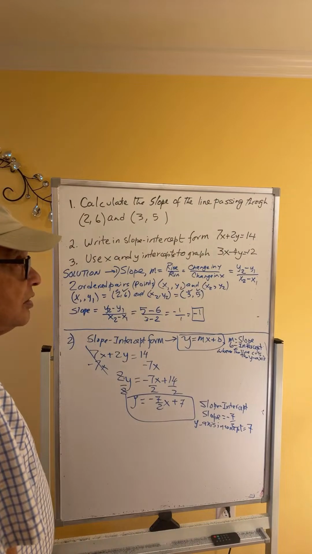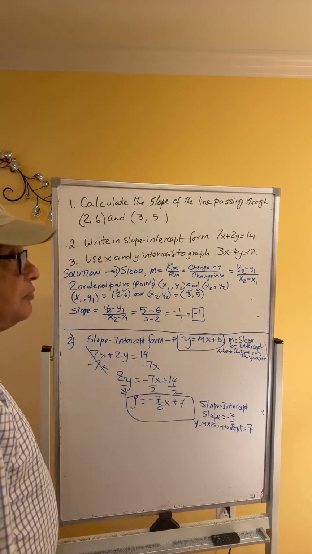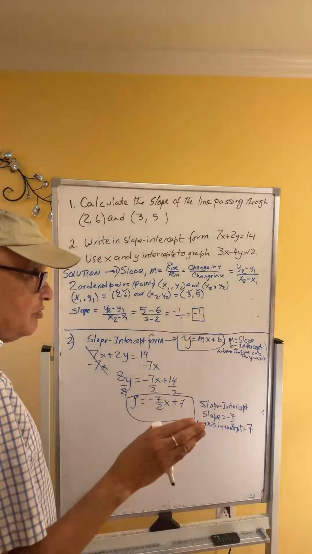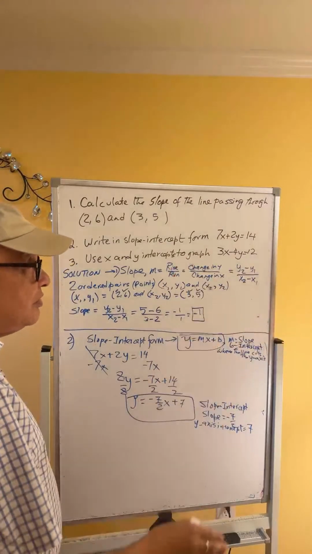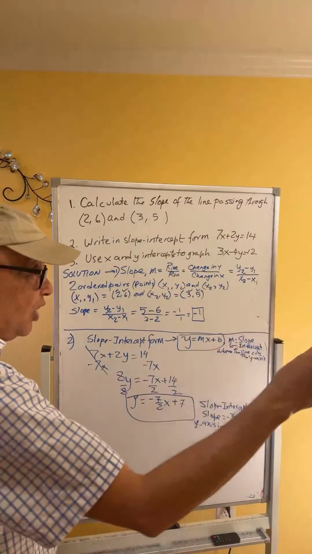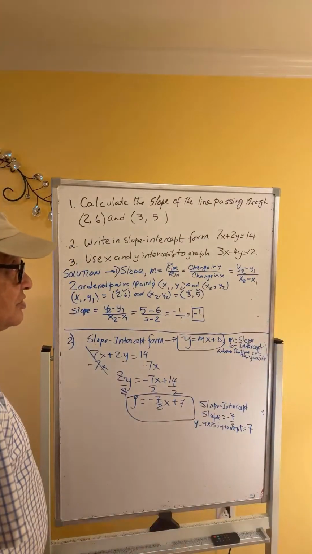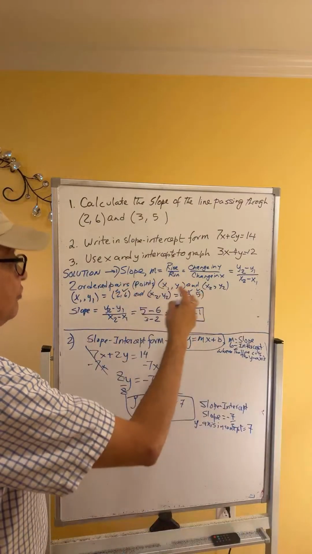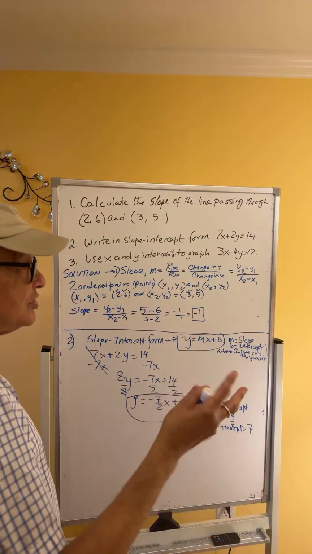Okay. So again, so far what we have been doing, we are utilizing the definition of slope, which is rise over run, which is change in y divided by change in x, y2 minus y1 divided by x2 minus x1. What people make mistake is once they fix x1 and y1, you cannot change the order.